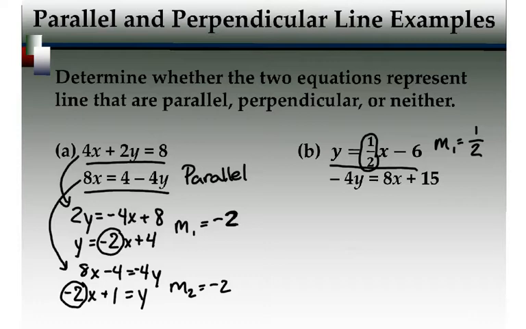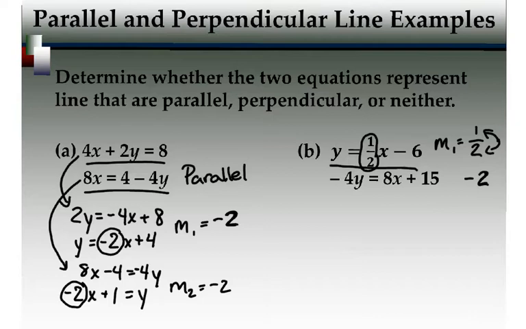Now we're looking for the slope of our second equation to be either 1/2, so we can show that they're parallel, or, if we flip this fraction and place the negative in front of it, it would be -2, and then it's perpendicular.